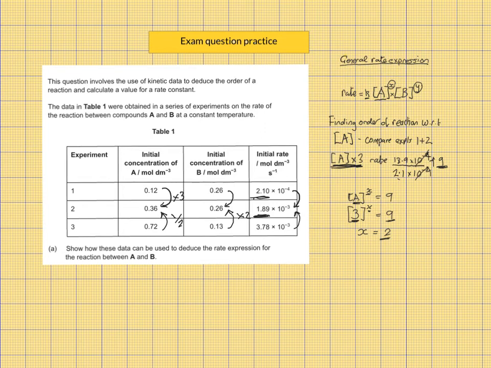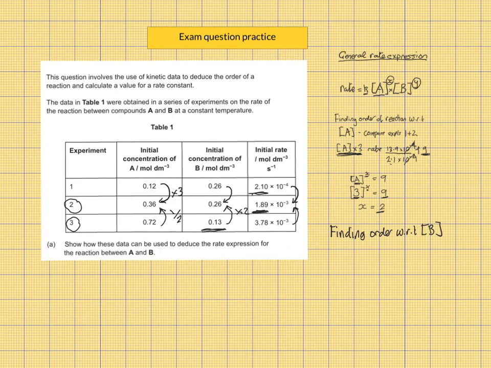So we're going to compare experiments 3 and 2 to find the order of reaction with respect to the concentration of B. In order to find the order of reaction with respect to the concentration of B, we need to choose 2 experiments where B has been varied. Unfortunately, there are no experiments where the concentration of A has been kept constant. However, we do know the order of reaction with respect to the concentration of A. So let's choose experiments 3 and 2.